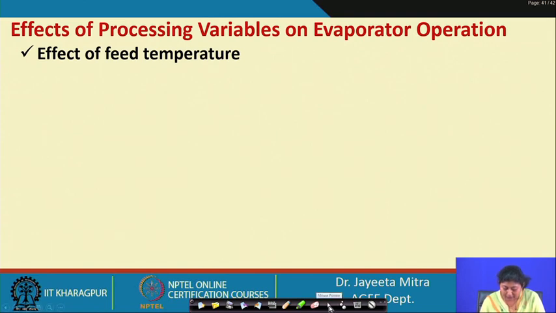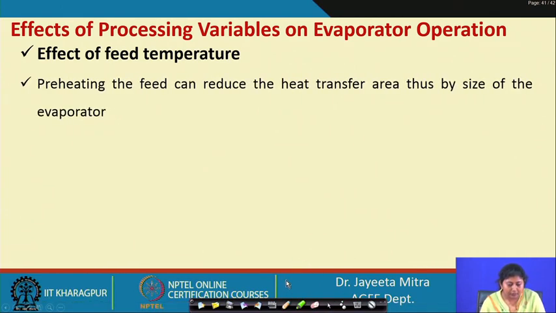To minimize the extra heat needed to increase the sensible heat of the feed, we can preheat the feed and enter it near the temperature prevailing inside the effect of the evaporator.